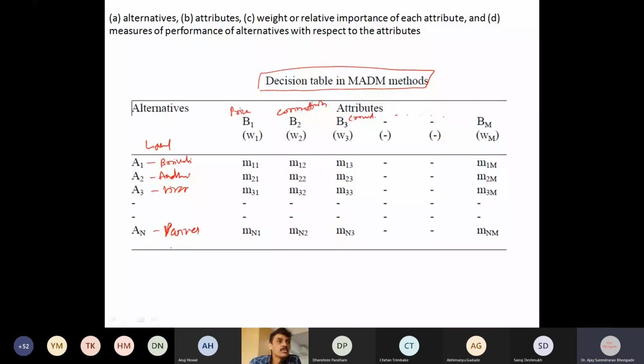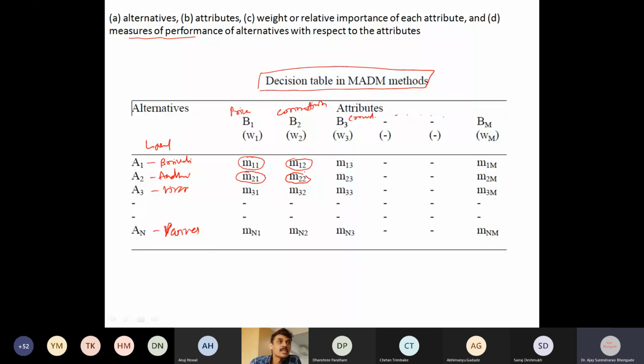And this will tell you the performance measures, right? If I talk about the alternatives, this will say something about the price which is available in that place. What is the price which is available in Andheri? Likewise, how the connectivity is at Borivali, how it is at Andheri.